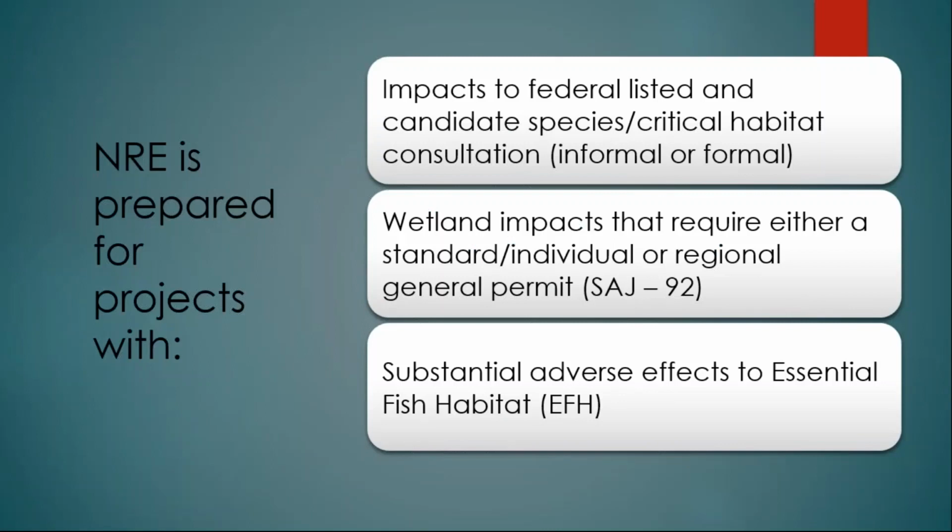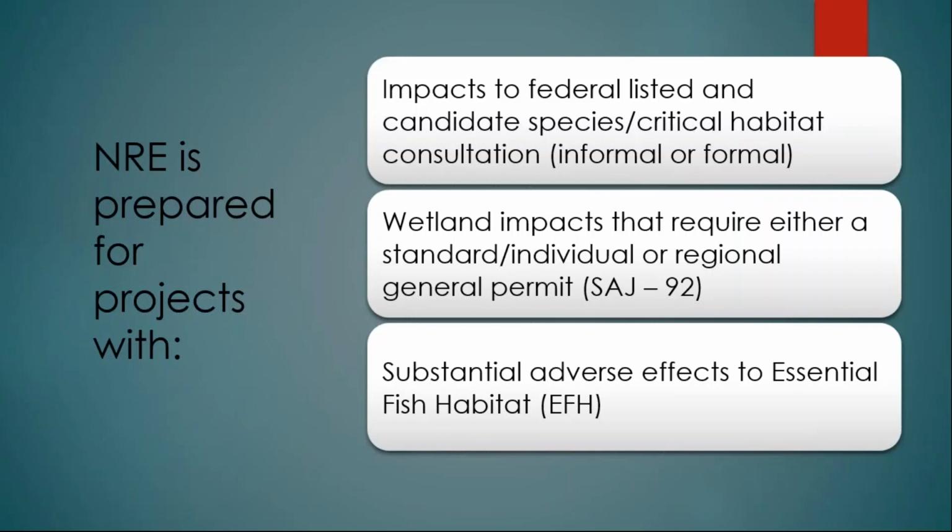All right, so with that, we talked about protected species and habitat, wetlands, and EFH. And then what we do as part of the PD&E is when we analyze those things, we prepare a natural resources evaluation, which is inclusive of all three of those items. So when is it appropriate to prepare a natural resources evaluation?